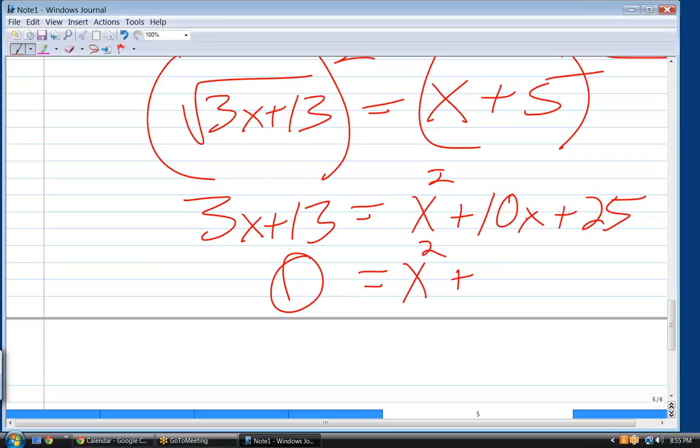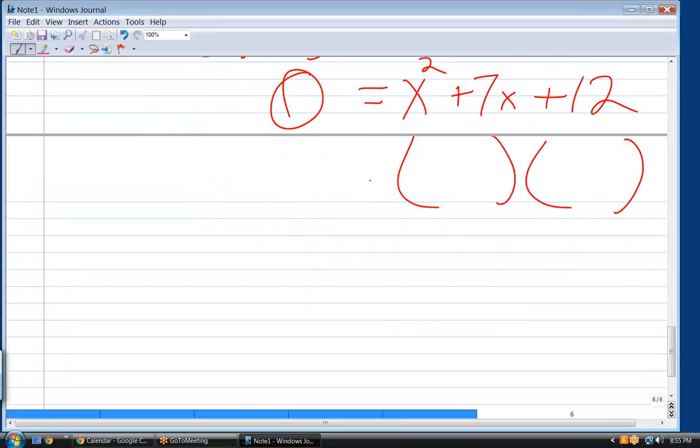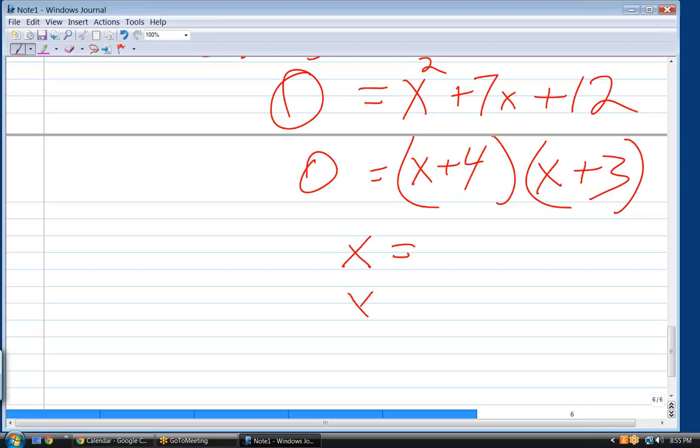X squared plus 7x plus 12 equal to 0. Okay, now that can be factored. So in the end it's just a factoring problem. So we're going to have x plus 4 and x plus 3. Okay. So what are your solutions? Our solutions are x equals negative 4 and x equals negative 3. You got it.